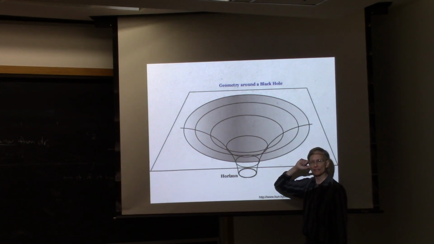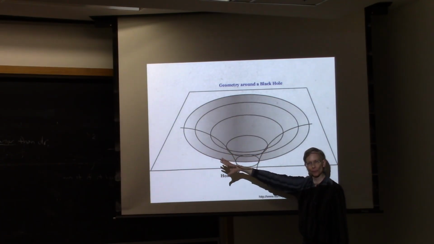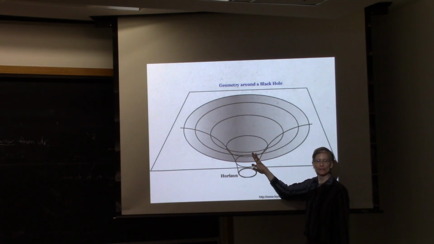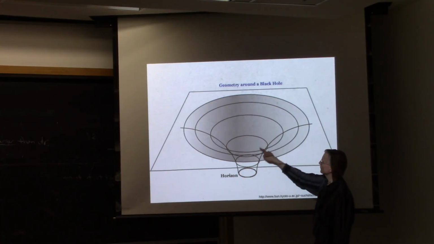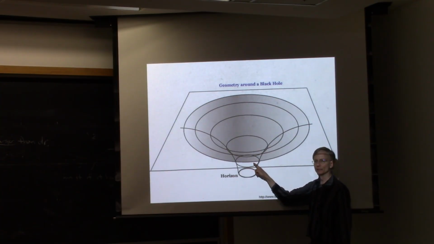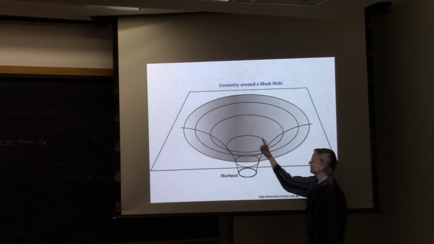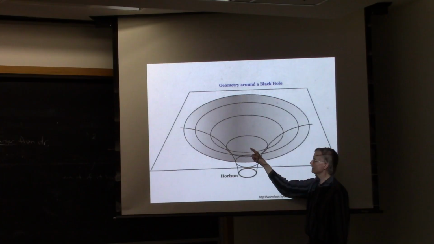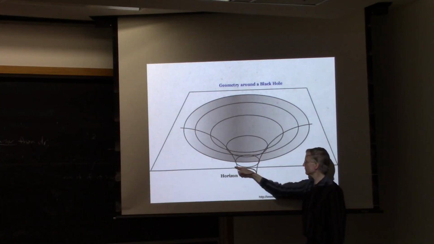At first you might say, but that's also just the distance from the center. That would be true on the blackboard, but not on this funnel. So here are 2 circles with different values of r. I could take this circumference divided by 2 pi, that's a value of r. I could take this circumference divided by 2 pi, that's another value of r.